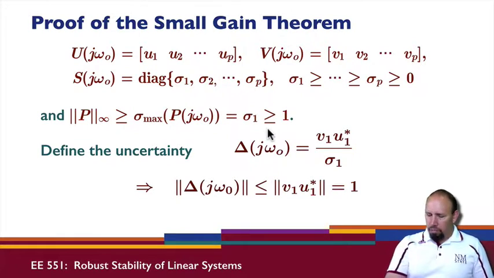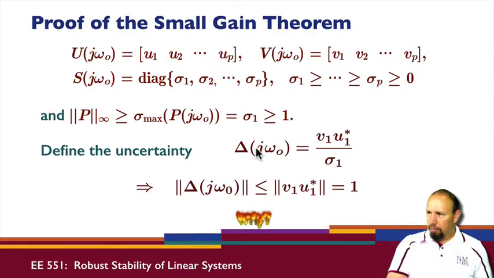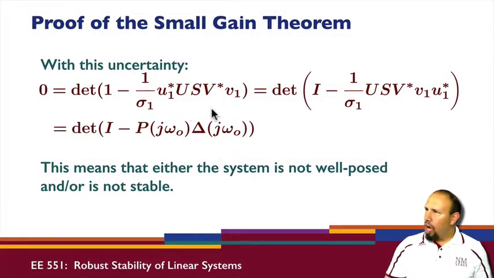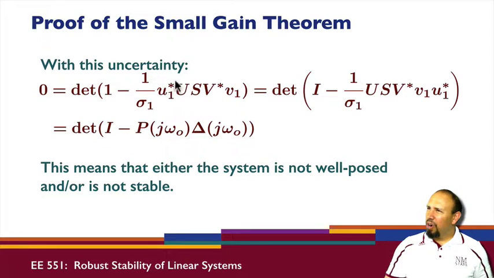this P of j omega, which has our singular value decomposition, we can show that this quantity here, so this is the singular value decomposition, multiplying on the left by this and on the right by this, actually neutralizes this quantity.